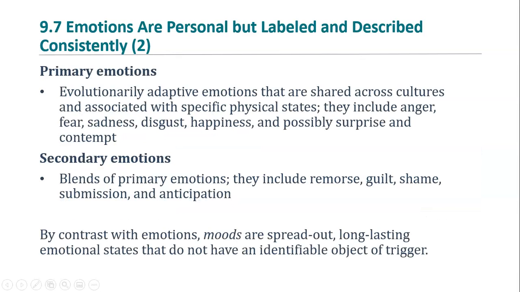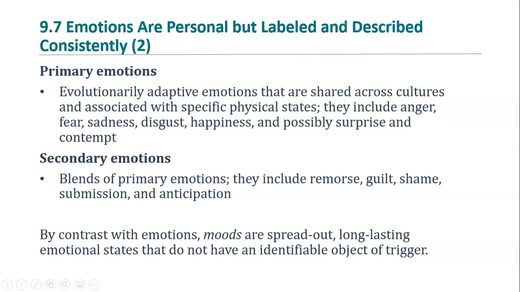We can contrast emotions as being either primary or secondary. Primary emotions are those that seem to appear in all cultures for all people, and they are easily identifiable for most of us, regardless of who is expressing them. Things like anger, fear, sadness, disgust, happiness, probably surprise, and maybe contempt.